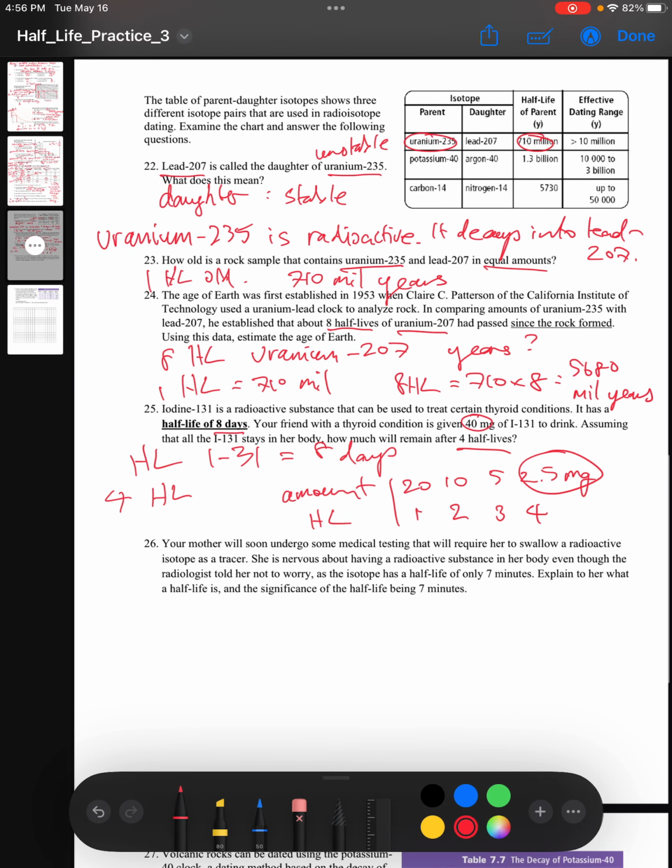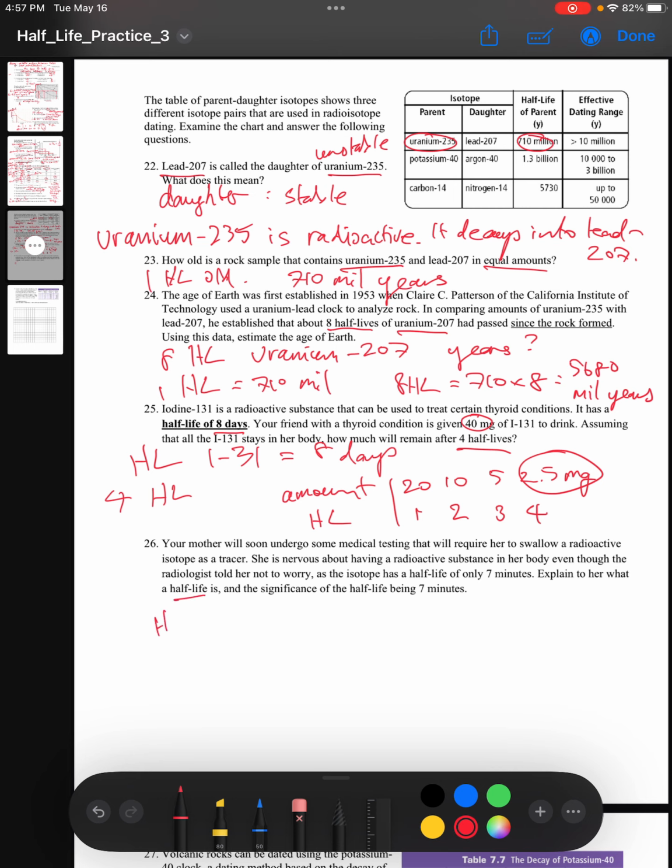Question 26. Your mother will soon undergo some medical testing that will require her to swallow a radioactive isotope as a tracer. She is nervous about having a radioactive substance in her body, even though the radiologist told her not to worry, as the isotope has a half-life of only 7 minutes. Explain to her what a half-life is and the significance of the half-life being 7 minutes.